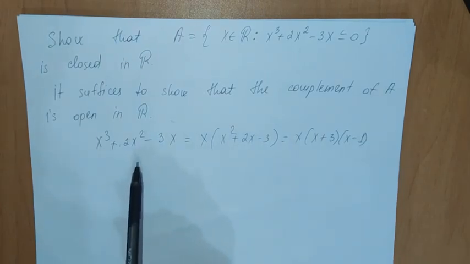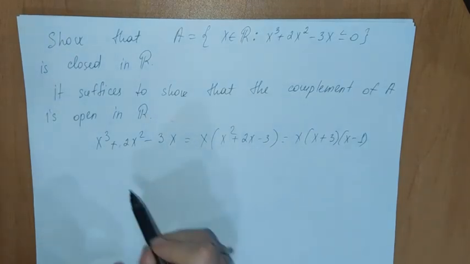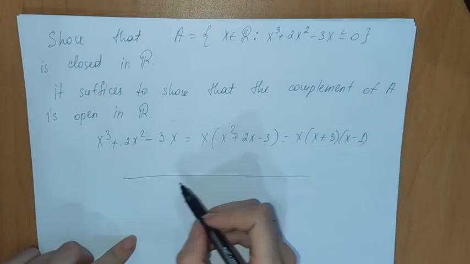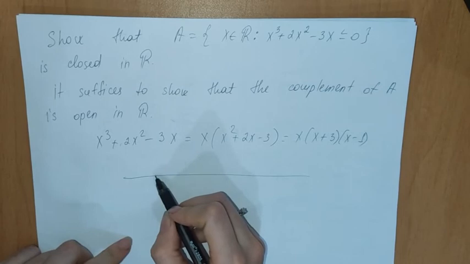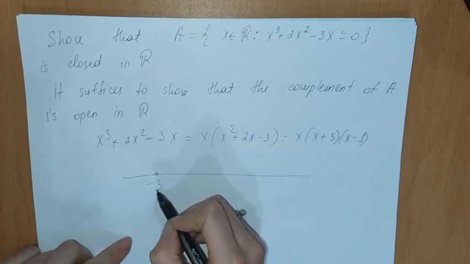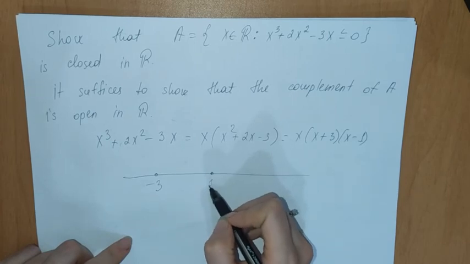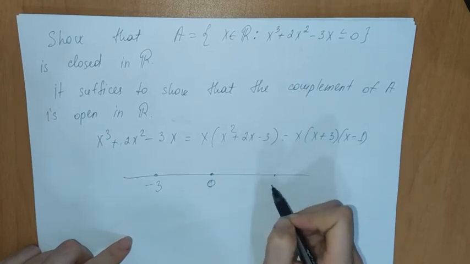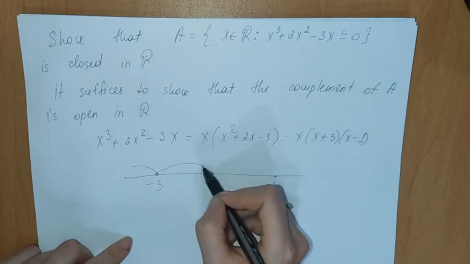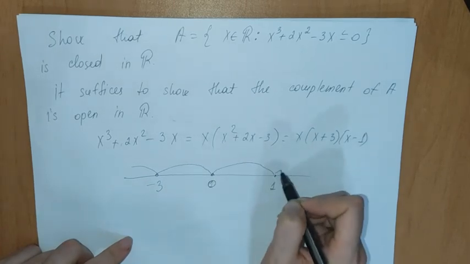One has that this inequality is greater than 0 if and only if, let's show this, this is negative 3, let it be 0, and let it be 1.